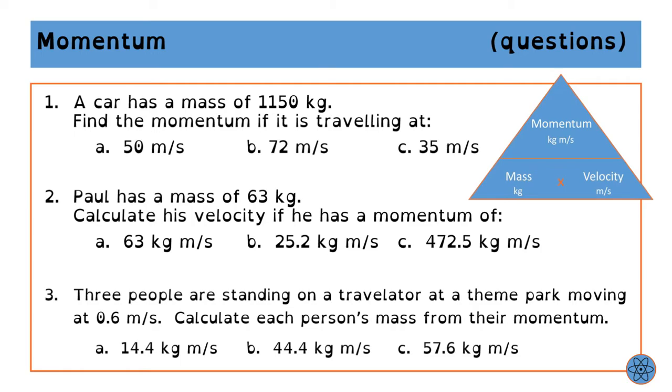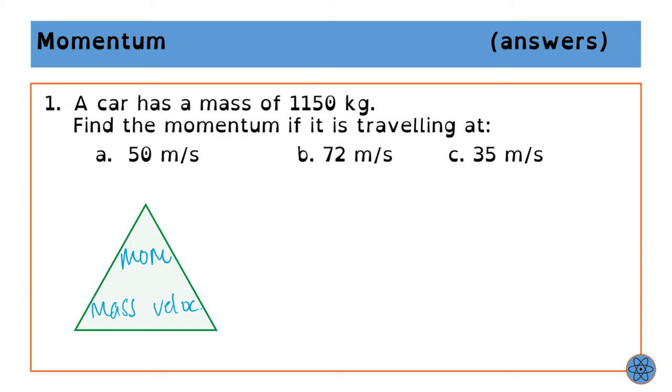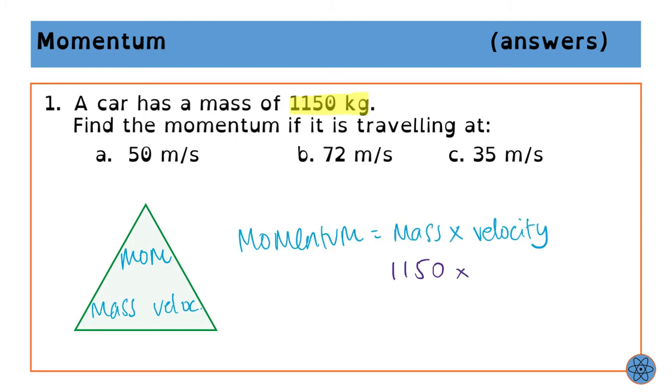You've got 3 questions here, A, B, and C. When you're ready, press play to continue. Okay, let's go through the answers to question 1. First of all, let's write out the equation using our equation triangle, so momentum, mass, and velocity. So then we can write out momentum equals mass times velocity. We can see our mass from reading the question is 1150, and likewise the velocity is 50 meters per second.